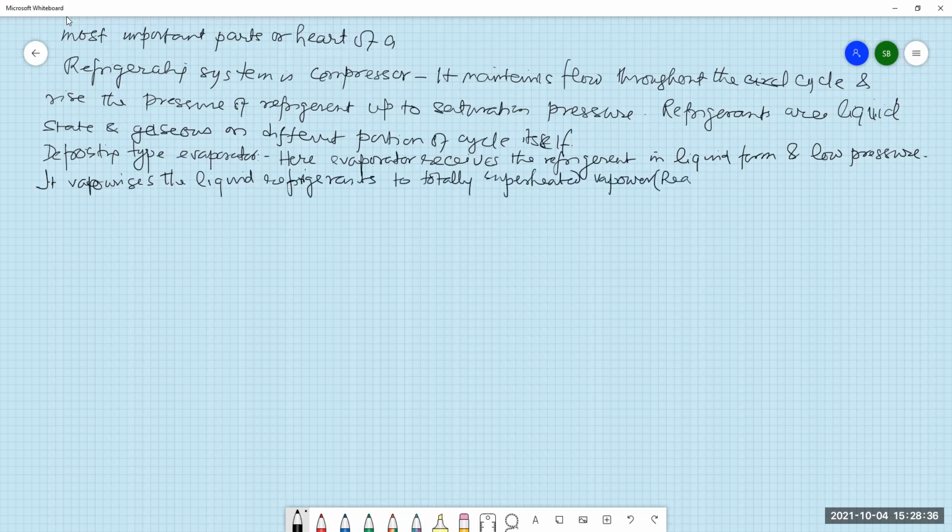Superheated means heated above the boiling point of the refrigerant.